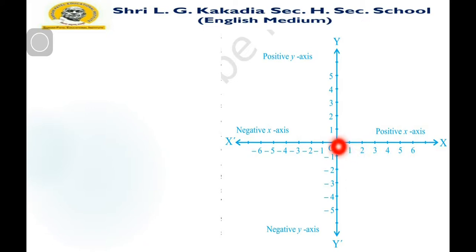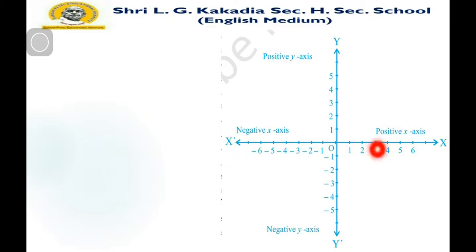From the origin, if we move right side, then we can find the positive x-axis, and if we move from the origin on the left side, then we can find negative numbers. If we move upside from the origin, then we can find positive numbers, and if we move down from the origin, then we can find negative numbers.